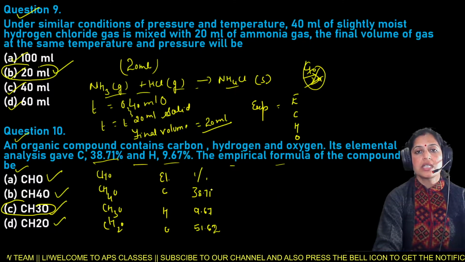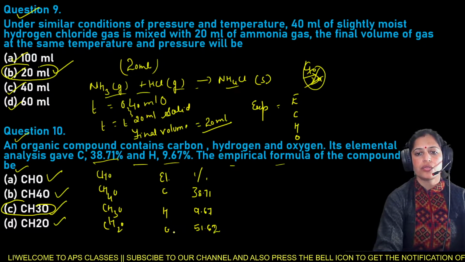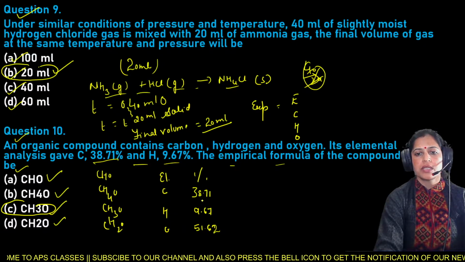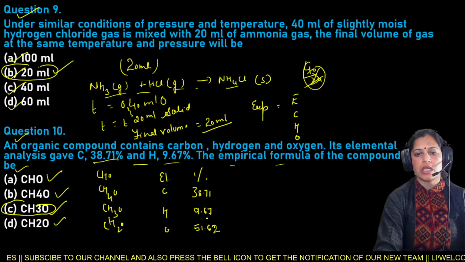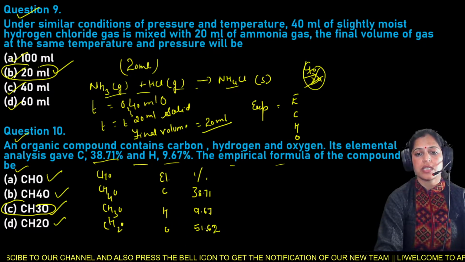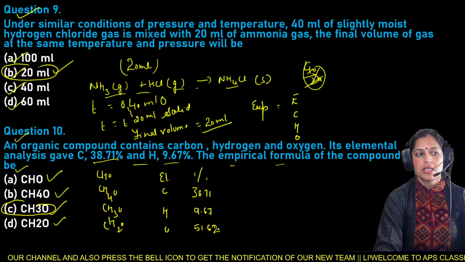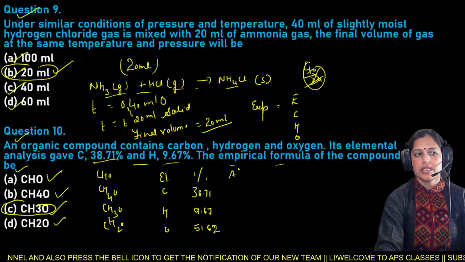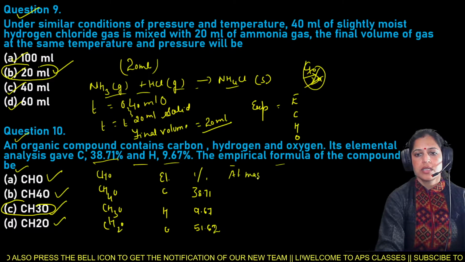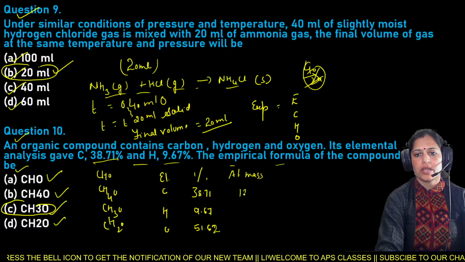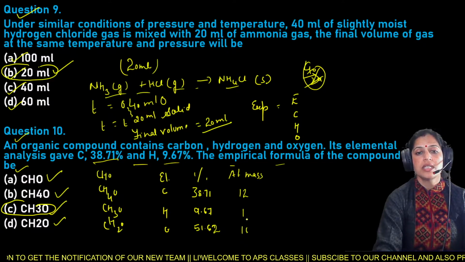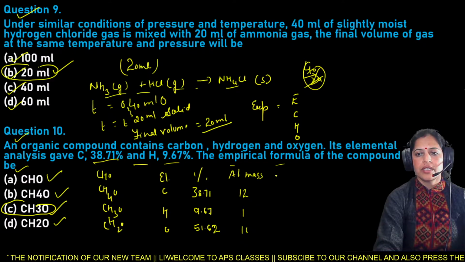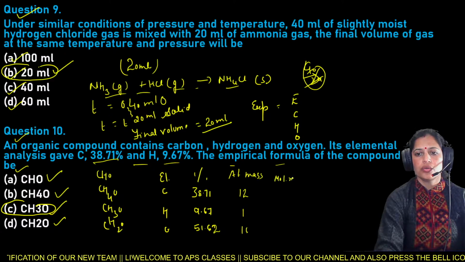After that, the atomic mass of carbon is 12, of hydrogen is 1 and of oxygen is 16. After that, the mole ratio.